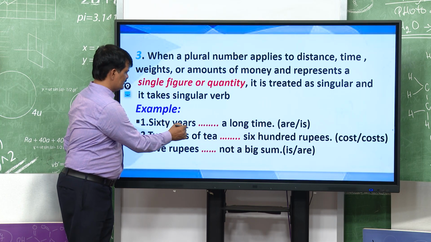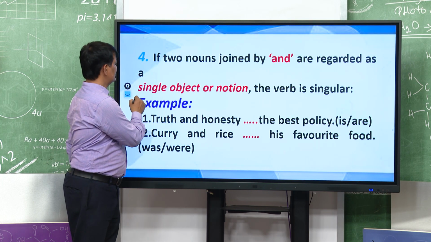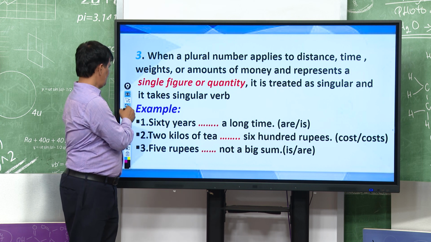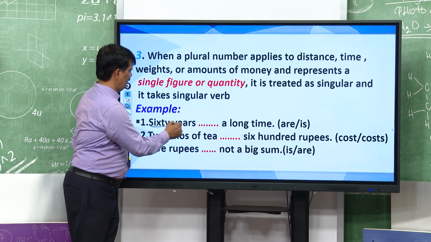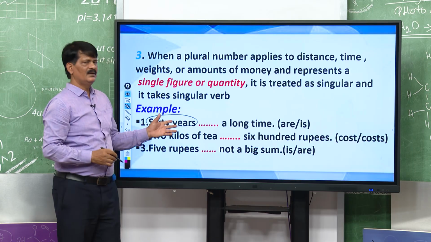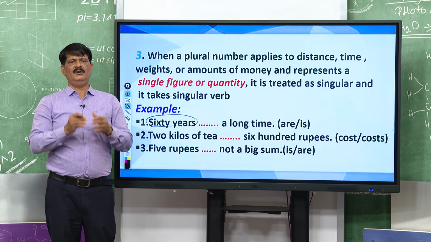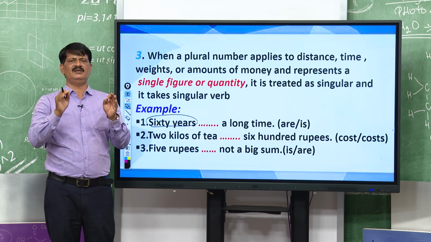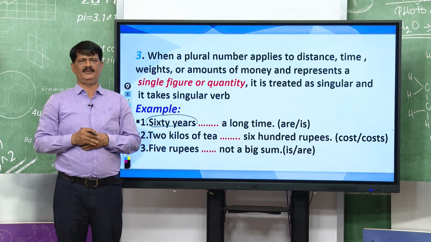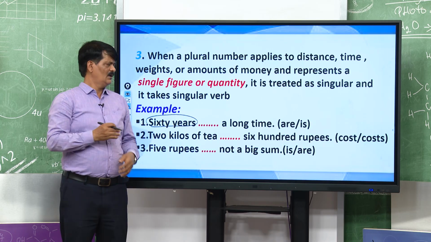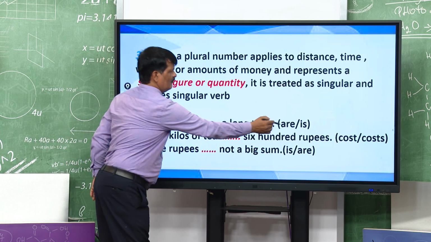If you see the examples, you will understand easily. 60 years: you see, 60 years is a single unit. Though it says 60 years, it implies a single unit. So our verb will be what?